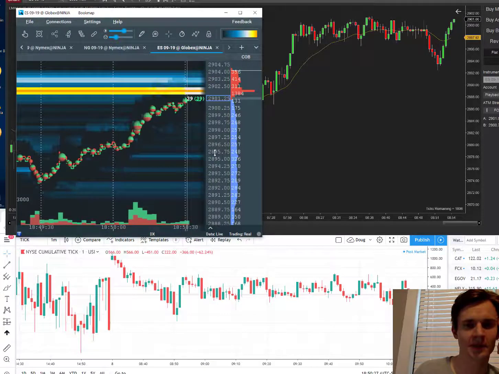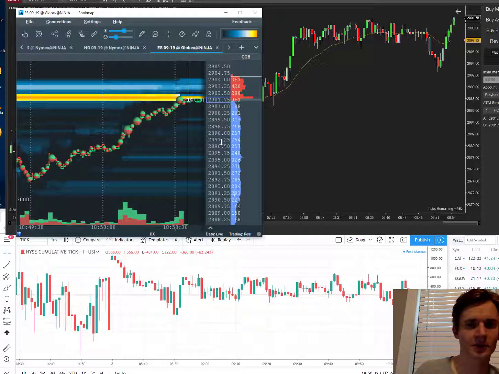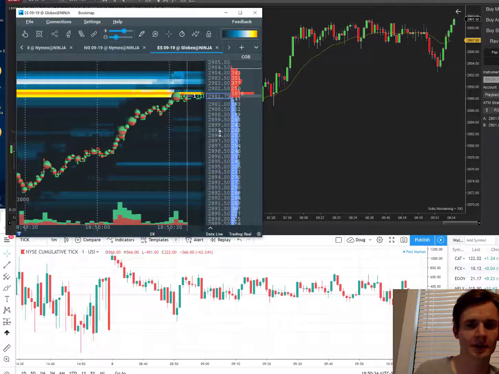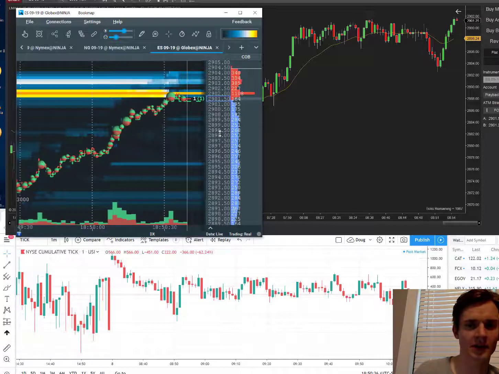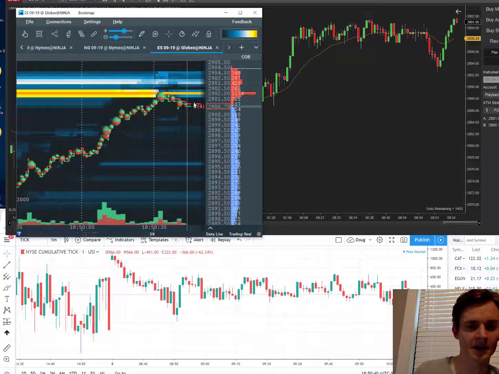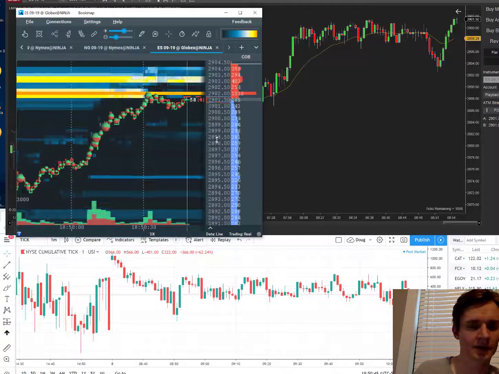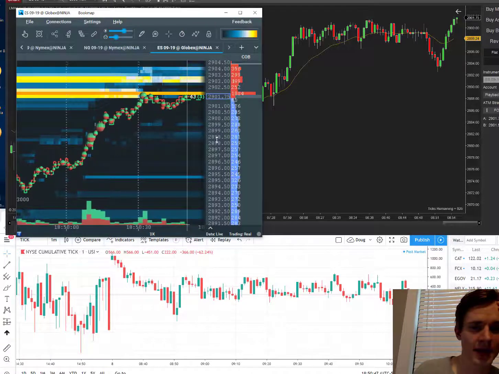And honestly, this might be a little bit tricky. This is the top of the day, and it's coming up to this huge batch of sellers. So you'd have to be patient to wonder if this is going to kick it down, or whether the buyers are going to win, if they're going to have enough energy to push through all of that action.